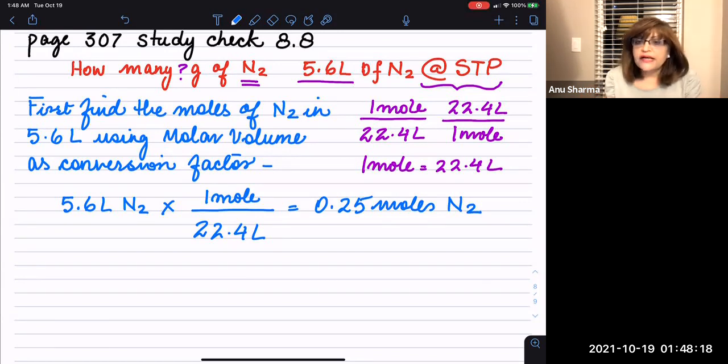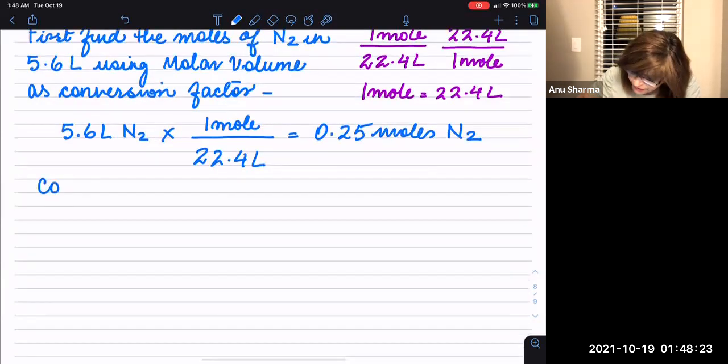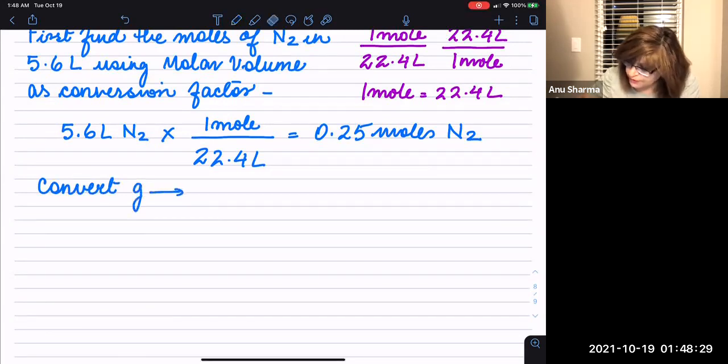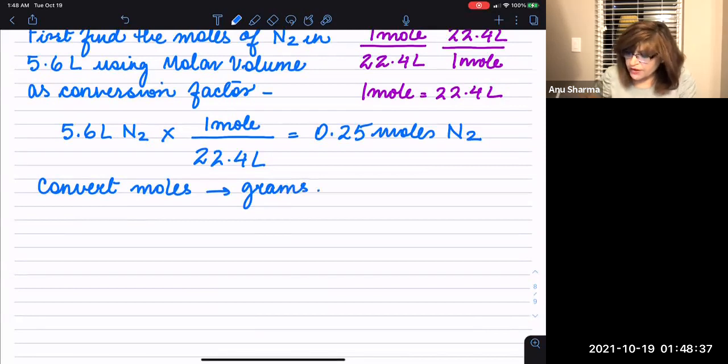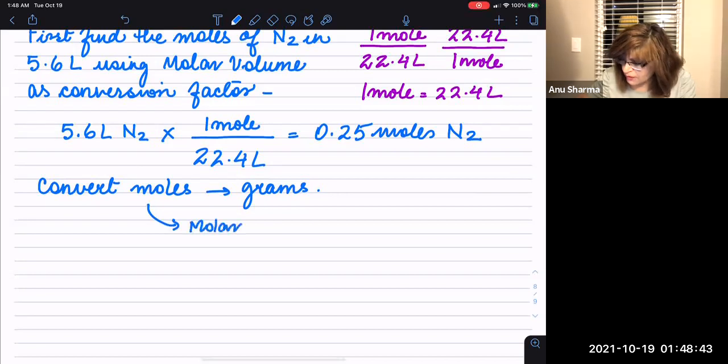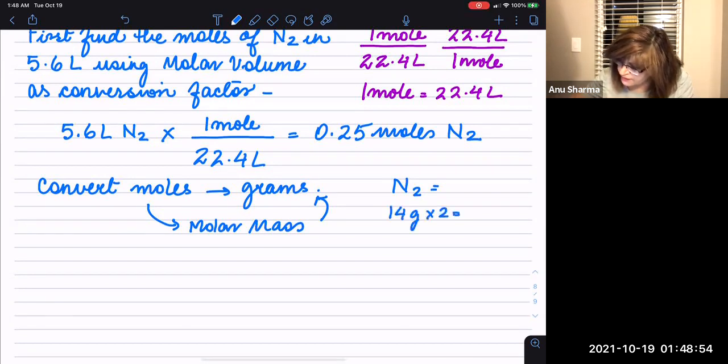Now the question is asking how many grams of nitrogen. So next is to convert moles to grams, using the molar mass. In the case of nitrogen, N2 is 14 grams times 2, equal to 28 grams per mole.